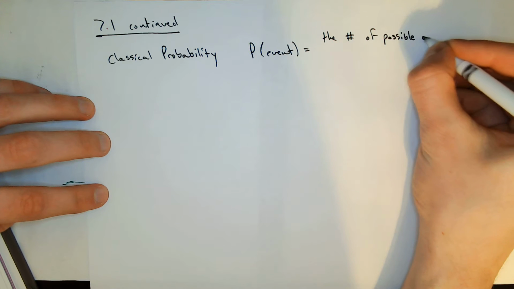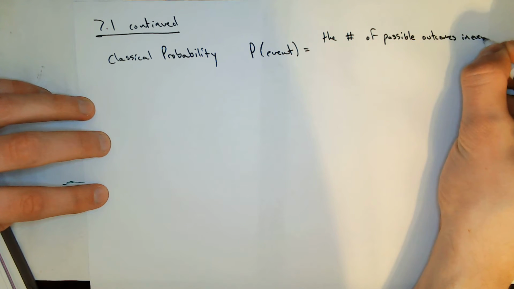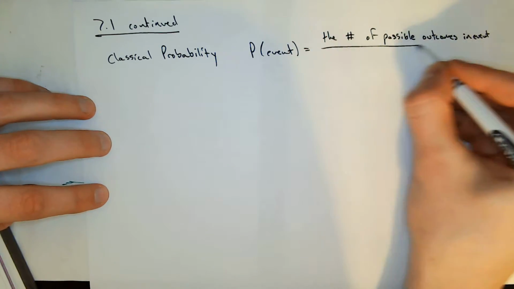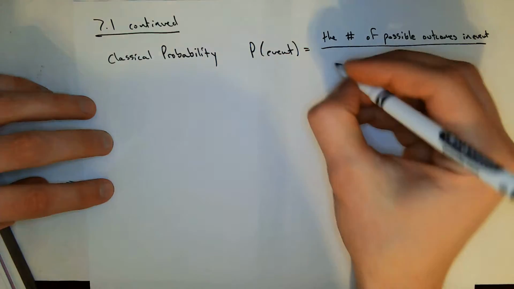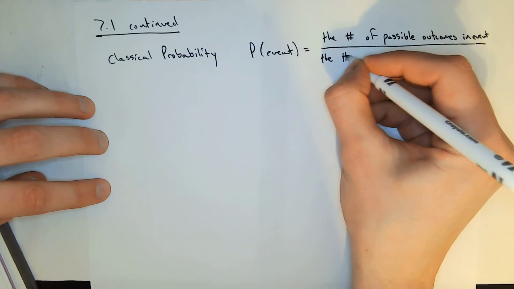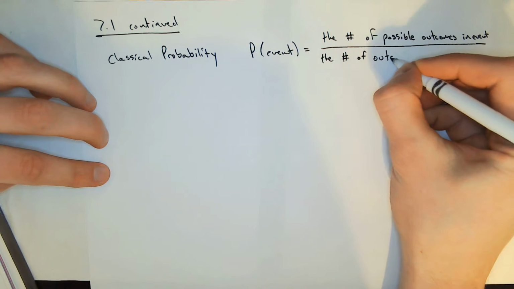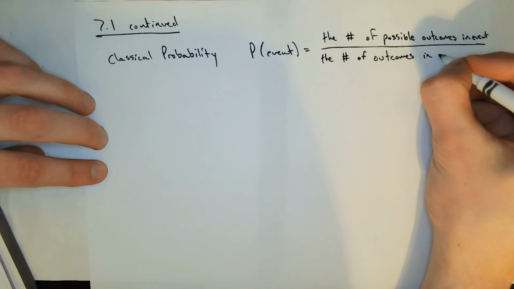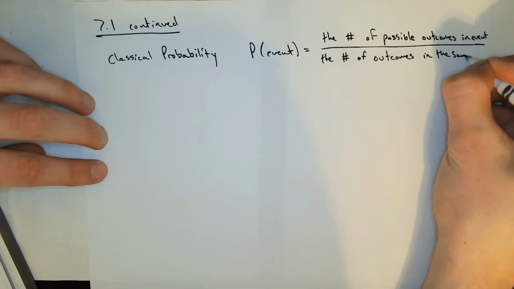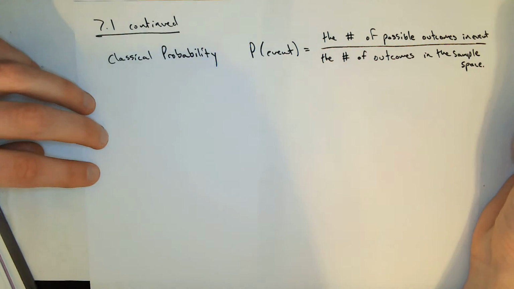Possible outcomes in event over the number of outcomes in the sample space. Okay.